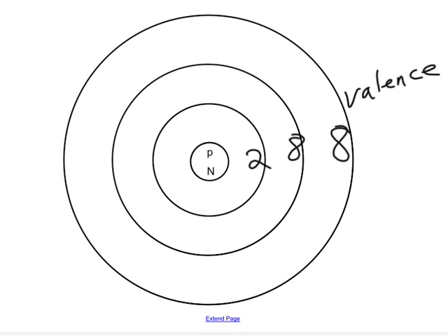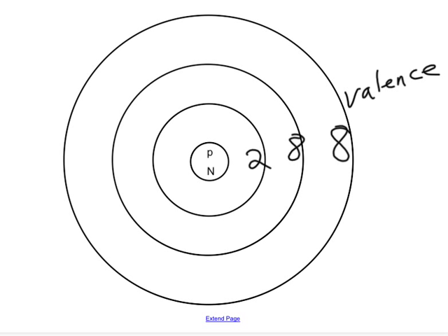Well, how do we represent it? We represent these dots, or these valence electrons, using something called the dot diagram, or the Lewis dot structure. And what happens here is, if we take a look at this element, if it has 18 electrons, we don't put 18 dots around.